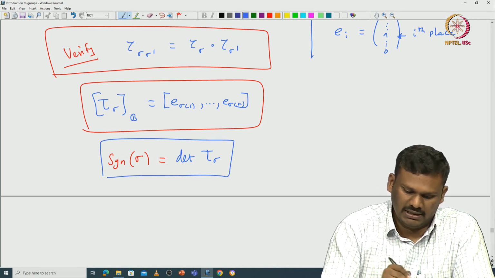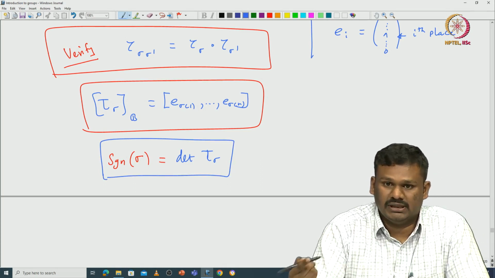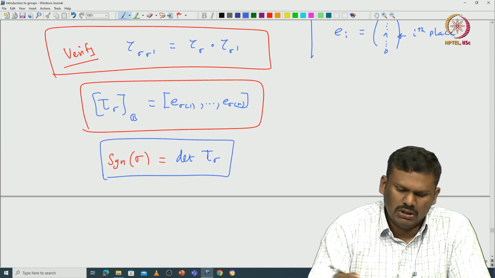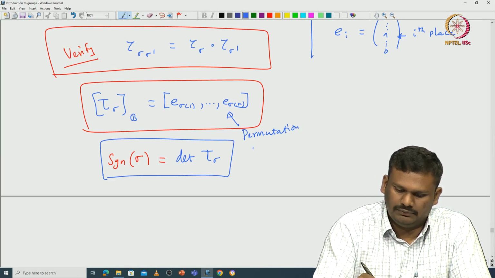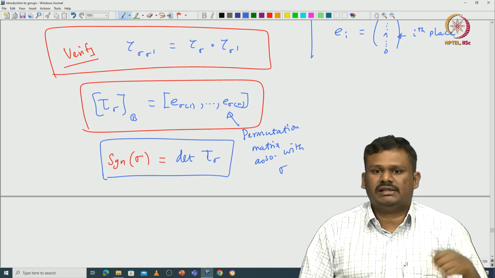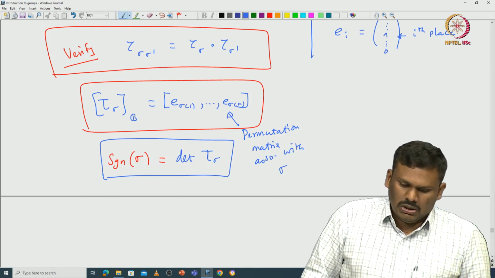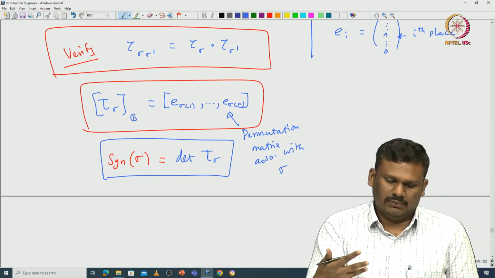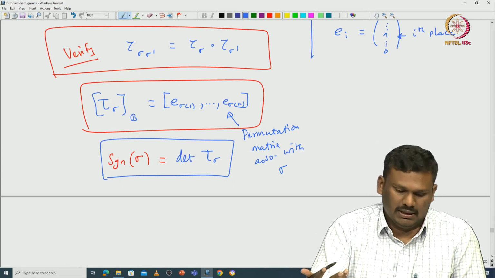So, the sign is defined to be the determinant of the permutation matrix associated with sigma. Okay. So, this is called the permutation matrix associated with sigma. This is the way we defined the sign map. Okay. So, this already tells you that determinant should somehow be involved in defining this sign map.